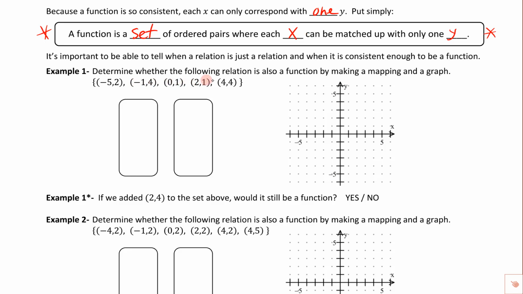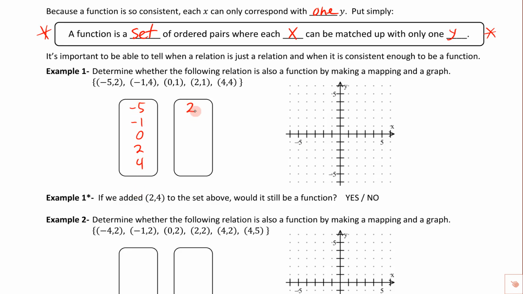So it says determine whether each of the following relations is also a function by making a map and a graph. So let's take a look here. We've got the set of ordered pairs. Let's go ahead and make a map here. So we've got -5, and we've got -1 and 0 and 2 and 4. Okay, we don't have any repeats there.